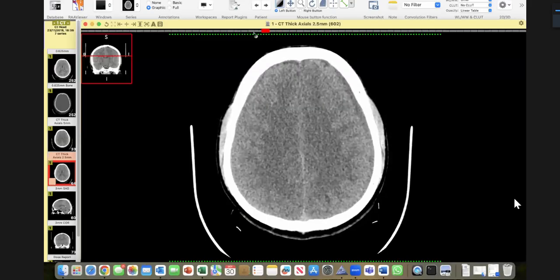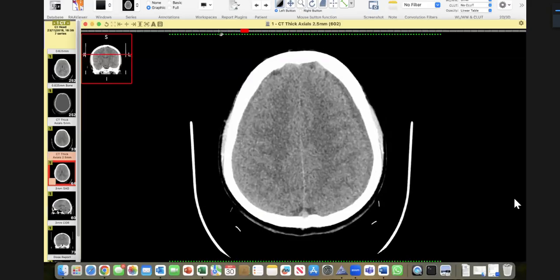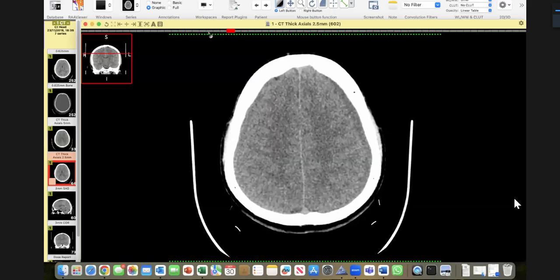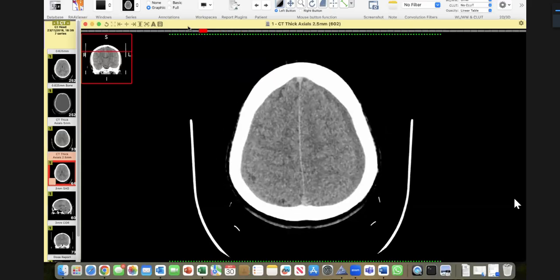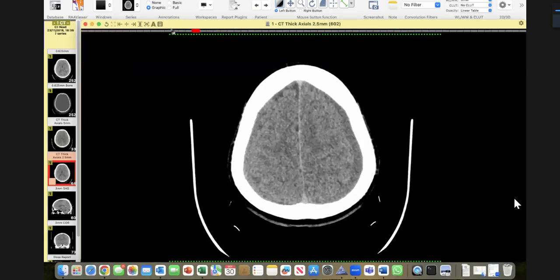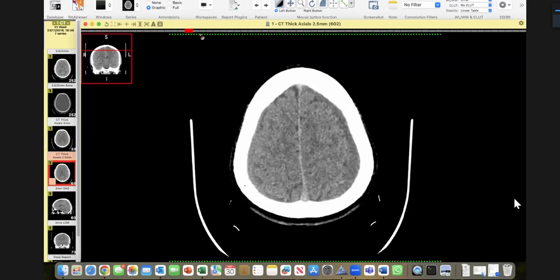Yes, sir, this is a subdural collection, and I cannot see any high density within it. It appears to be hypodense. So, sir, this is a subdural collection involving the frontoparietal region with generalized cerebral edema.